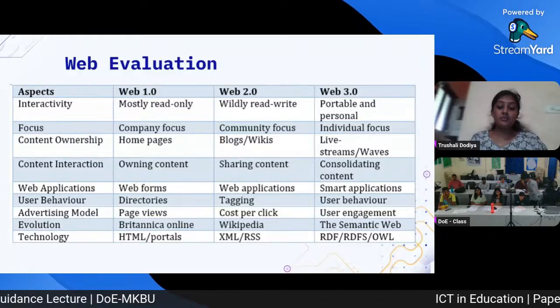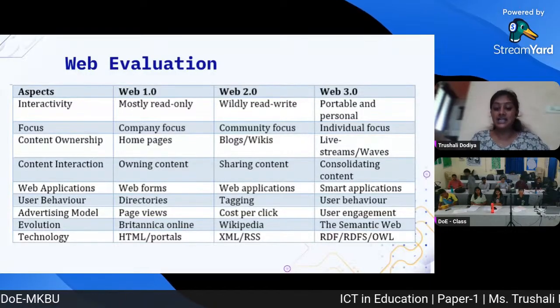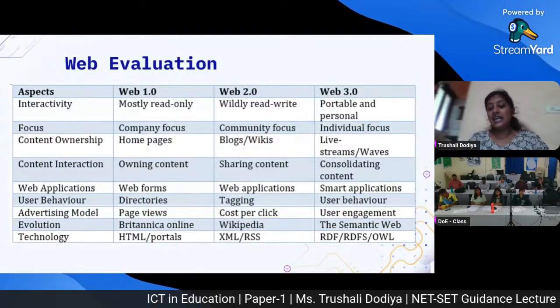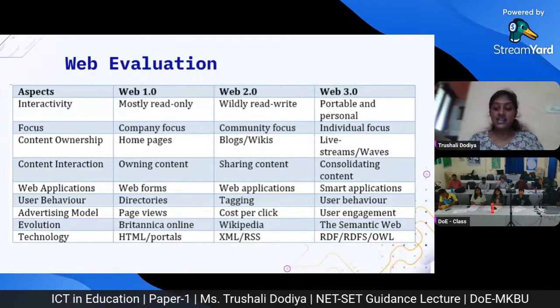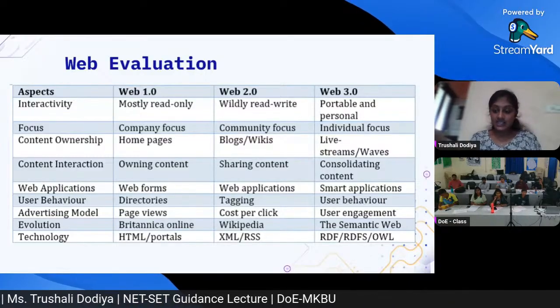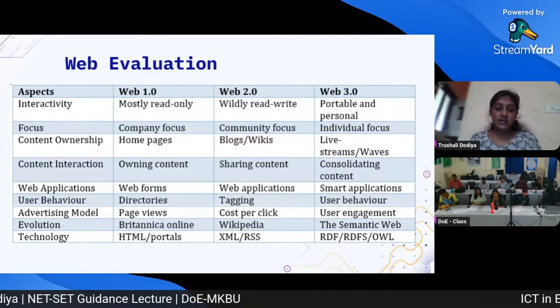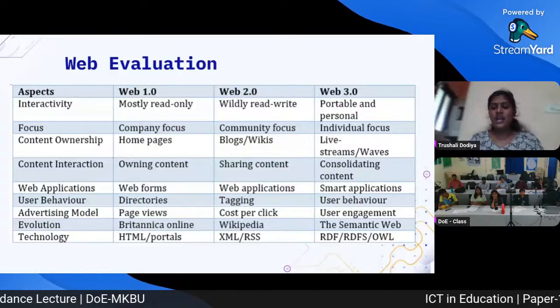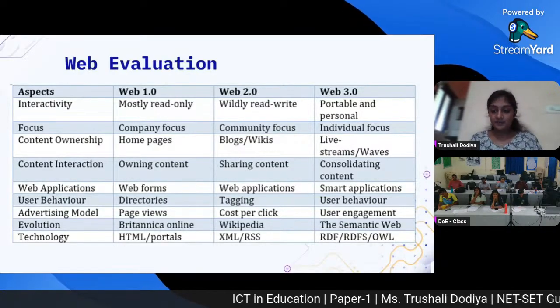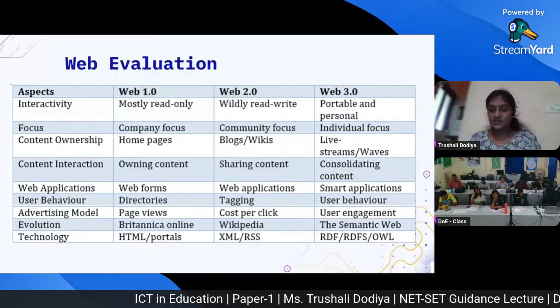Then it moved towards XML and RSS, and moving towards RDF, RDFS and OWL. Well, this question will be dealt with at the end of the session, when we'll be dealing with some of the questions that were asked before in previous exams, NET or SET.